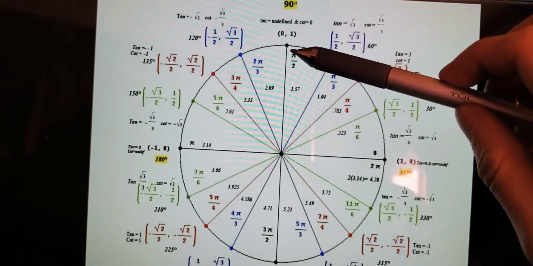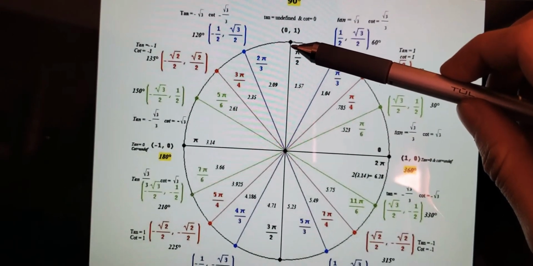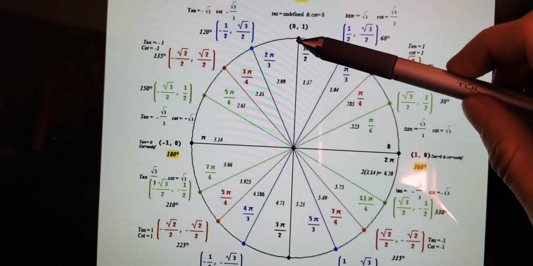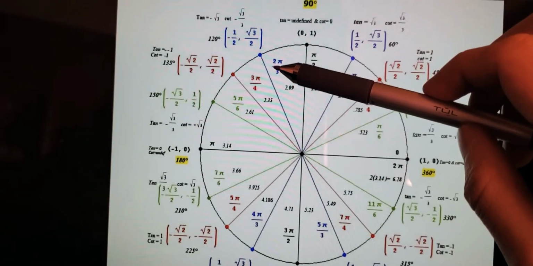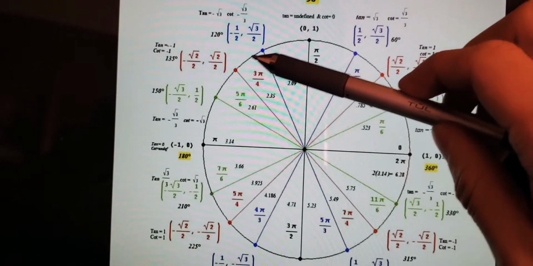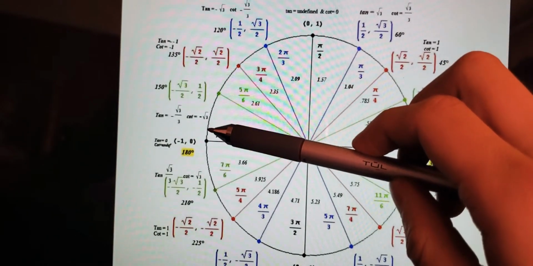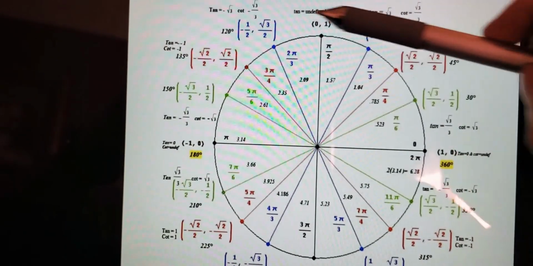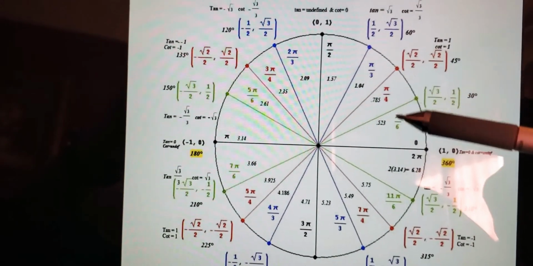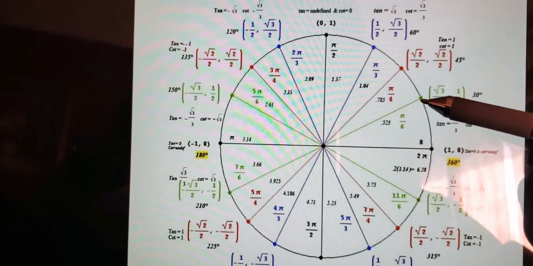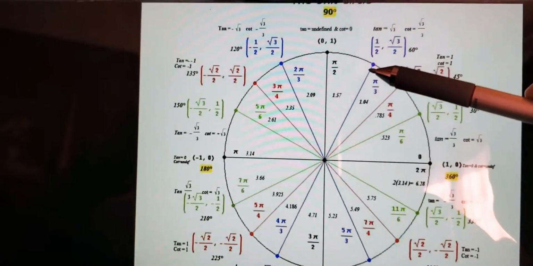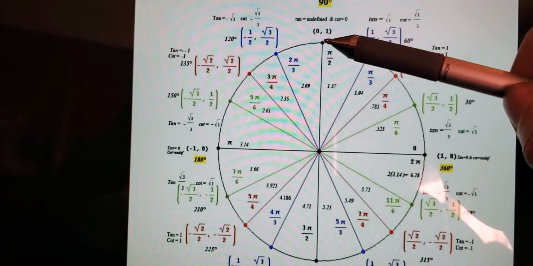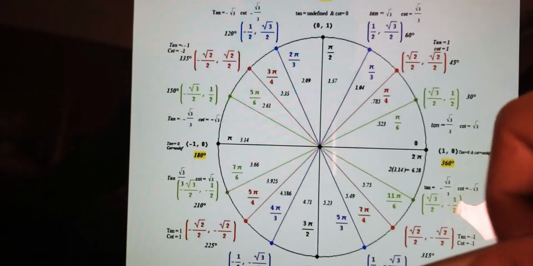This is 3/6, which simplifies to 1/2. 4/6 simplifies to 2 pi over 3. 5/6, and then 6/6. Notice that I am skipping the red one. I'm only counting the green one, the blue one, sorry about that, and the black one.